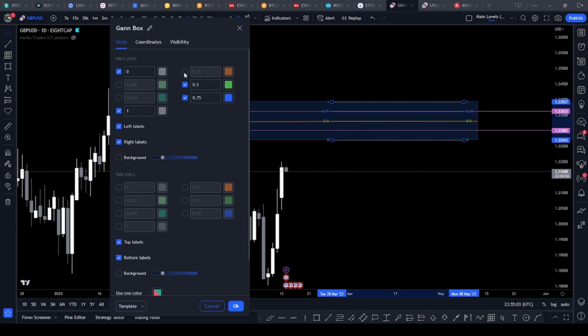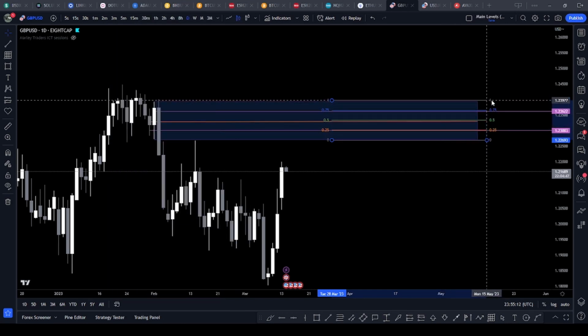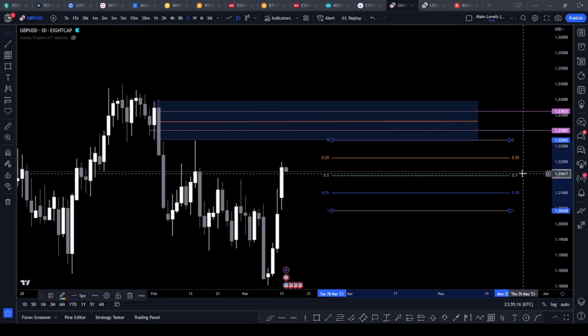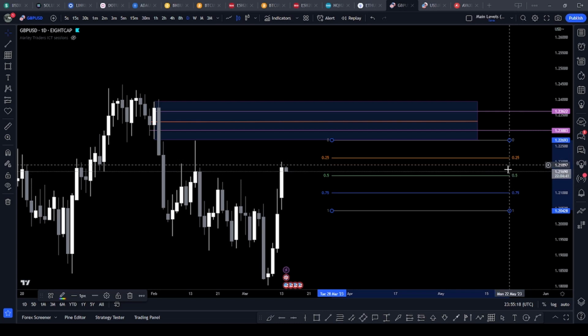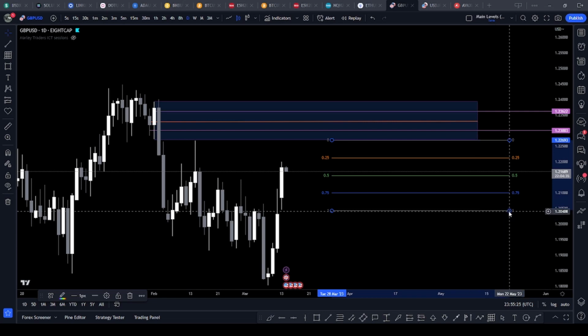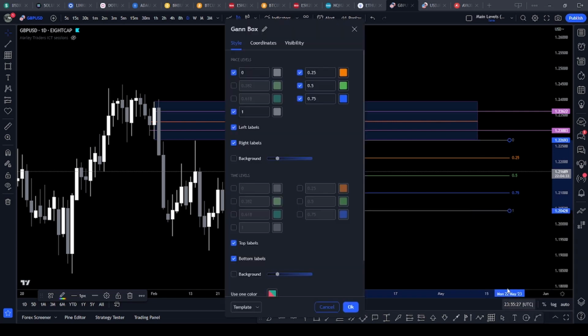Okay, so now you have 25% and 75%. So if you see, now you have all the levels. You can customize it and have all these levels there. If you want to draw it out, I don't need that.